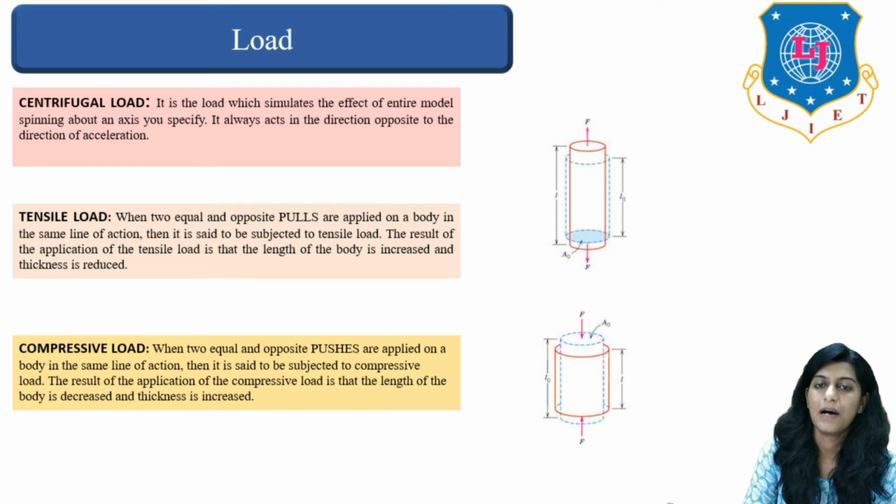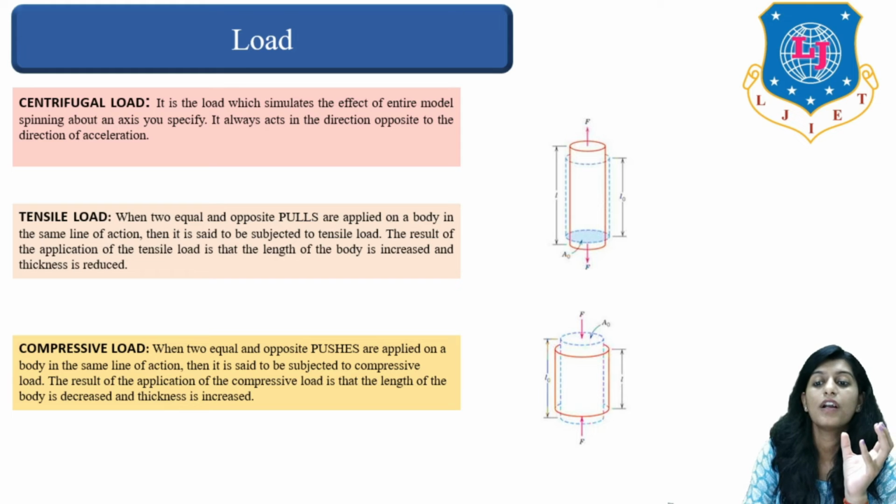The next comes centrifugal load. So what do we mean by centrifugal load? It is a load which simulates the effect of the entire model spinning about its axis. Clear?